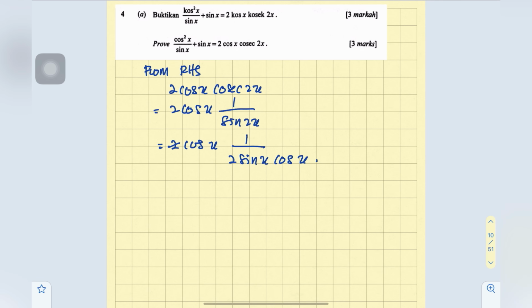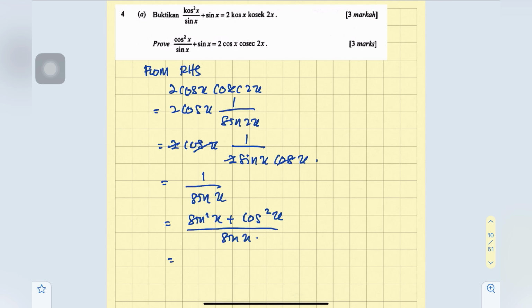So we can simplify this one, and we get 1 over sine x. Basic identity, 1 is sine squared plus cos squared. So sine squared x plus cos squared x over sin x.